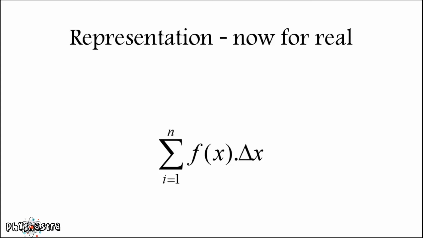You know from the last lecture on derivatives that delta x approaching 0 will be very small, and thus we just represent it by dx. Therefore we get the generalized formula as the sum of areas from i equals 1 to n of f of x multiplied by dx.